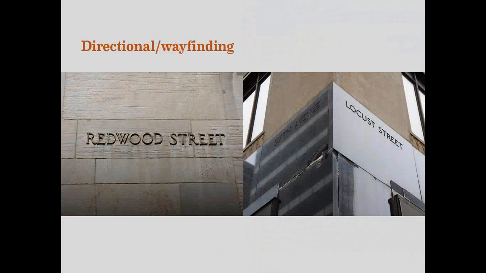A quick note on another type of signage, directional and wayfinding. Directional signs basically point the way and help us orient ourselves in the city. Examples of that include street names on building corners, crosswalks, as well as various painted arrows and directions on sidewalks and walls of buildings.